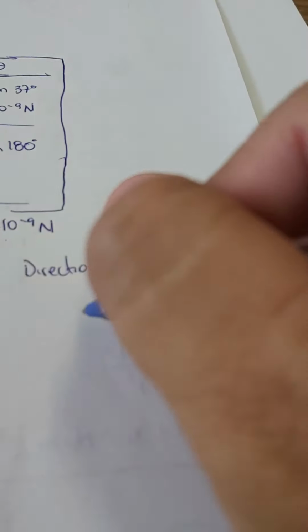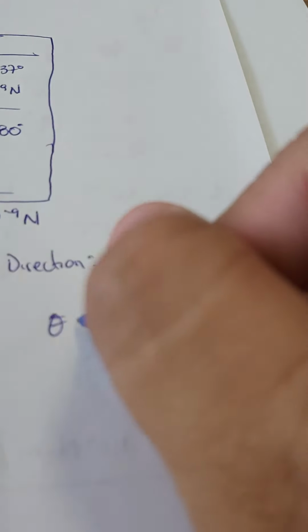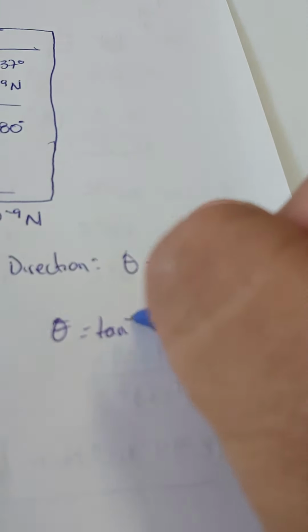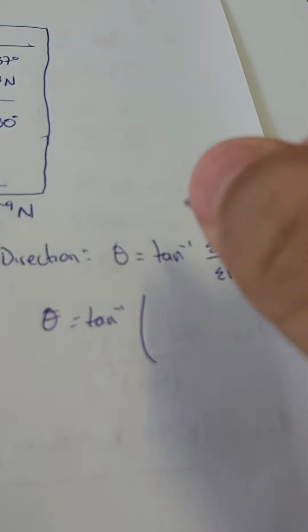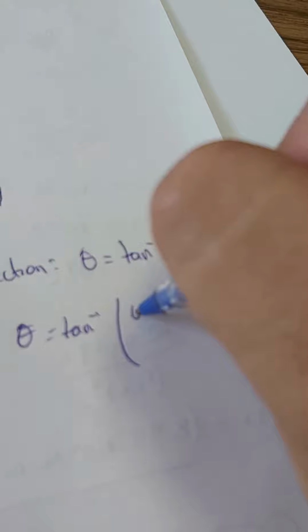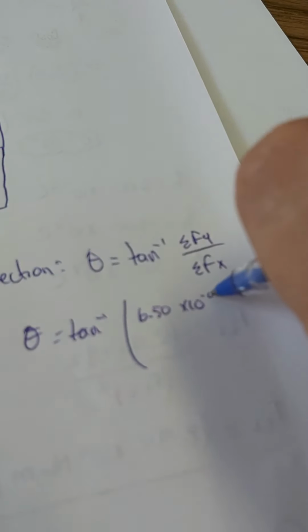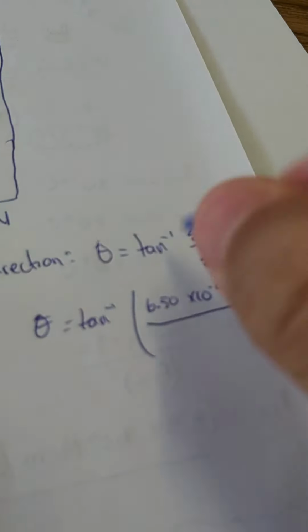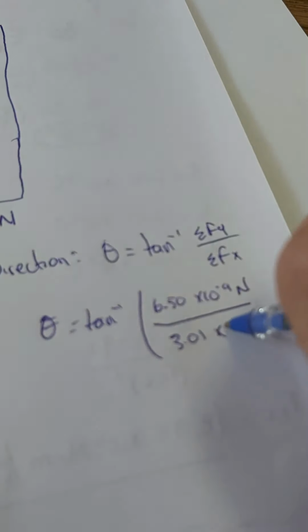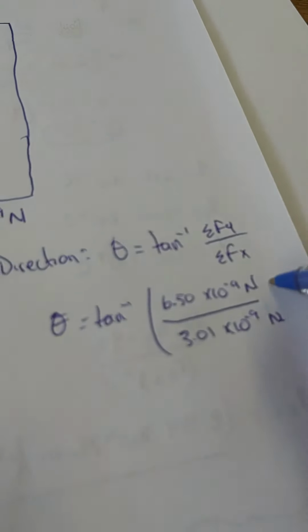So theta will be equal to the arctangent of 6.50 times 10 to the negative 9 newton over 3.01 times 10 to the negative 9 newton.